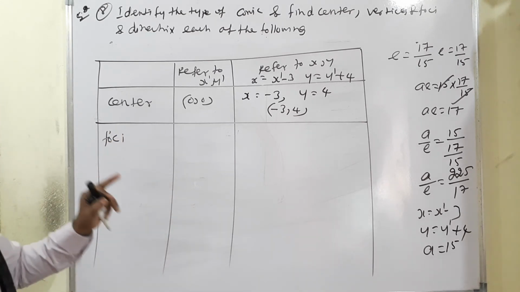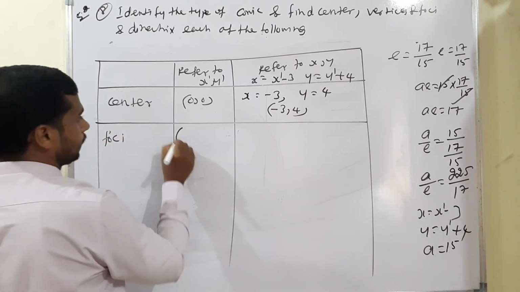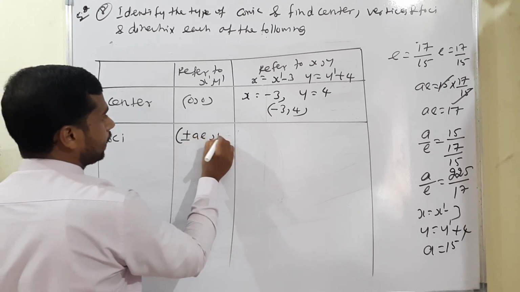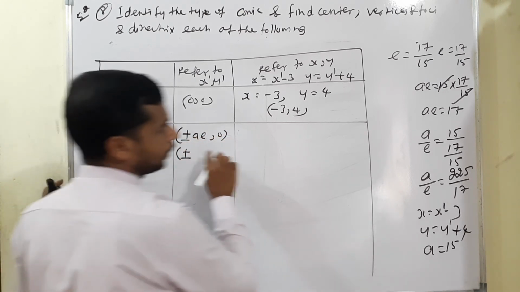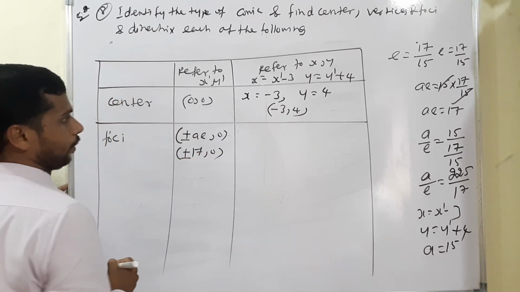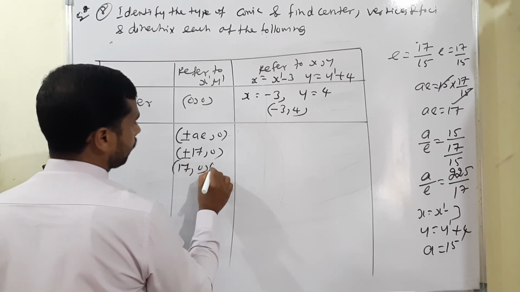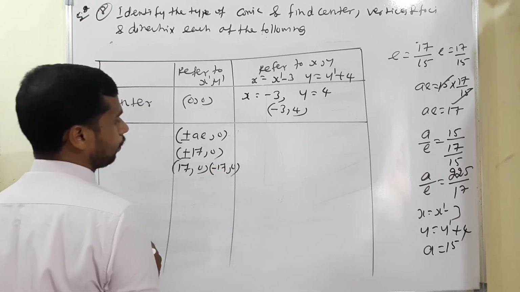Then the foci. We already know the transverse axis is parallel to the x axis, so the foci are plus or minus ae comma 0. Therefore plus or minus ae is 17 comma 0, that is, one point is positive 17 comma 0 and another is negative 17 comma 0.